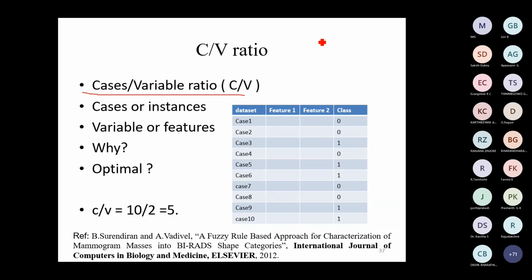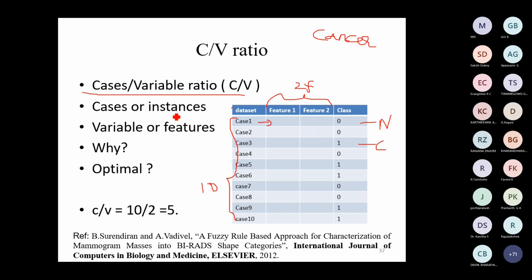So let us take a cancer image, let's say brain tumor or some other cancer. We have 10 patient cases, where 0 means normal and 1 is a cancer patient. Let us say for each and every image, they extracted two features. So using these two features, we have to classify whether the first case is normal or cancer.